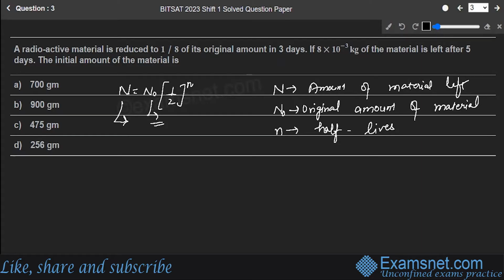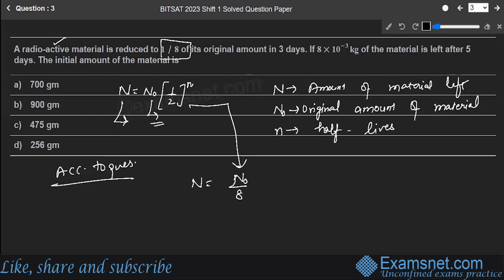According to the question, the radioactive material is reduced to 1 by 8, so N is equal to N naught by 8. So these two things are equal, from 1 and 2.